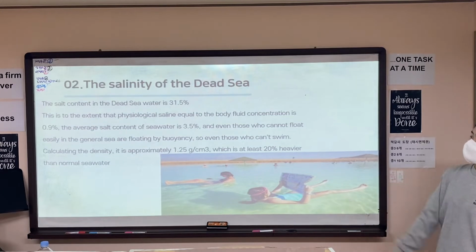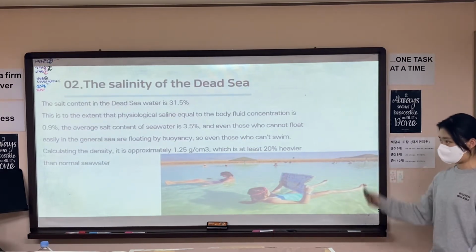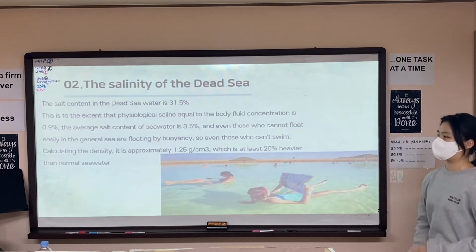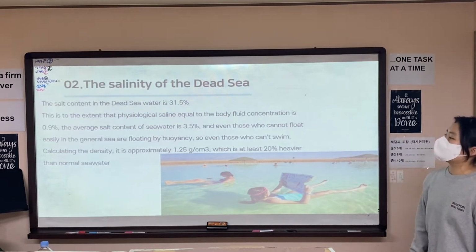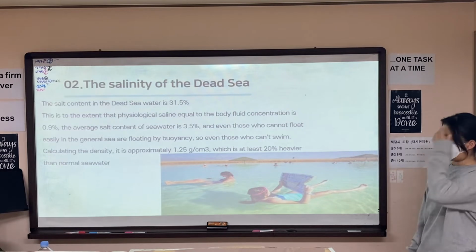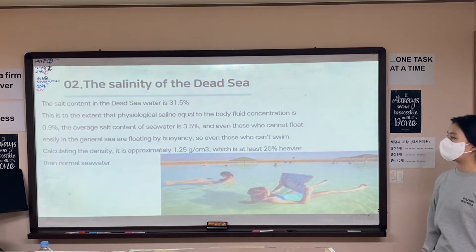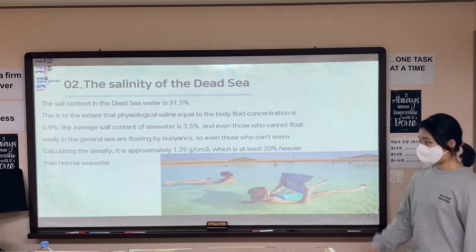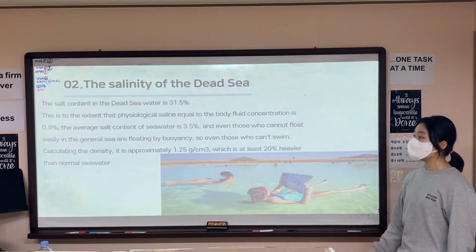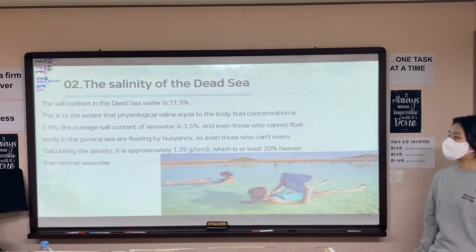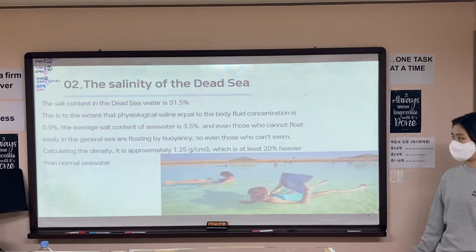The salt content in the Dead Sea water is 31.5%. The physiological saline equal to the body fluid concentration is 0.9%. The average salt content of seawater is 3.5%.